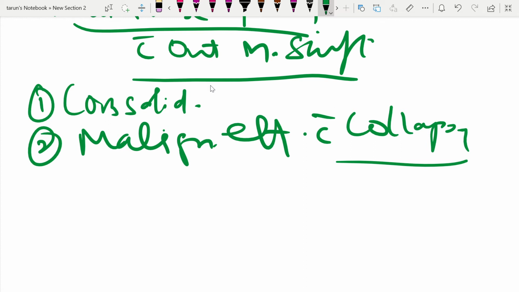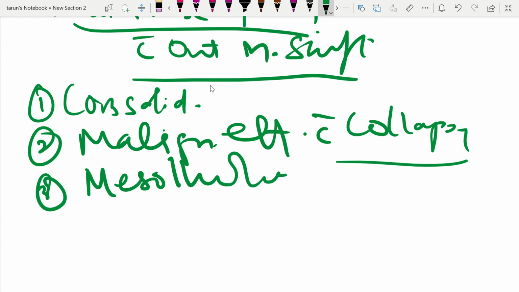And lastly is the mesothelioma. Mesothelioma does not cause the shift, and also thickened pleura does not cause the shift.